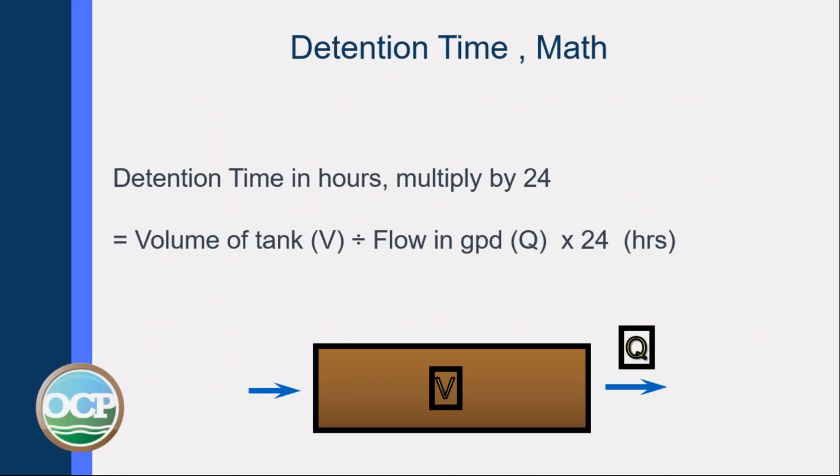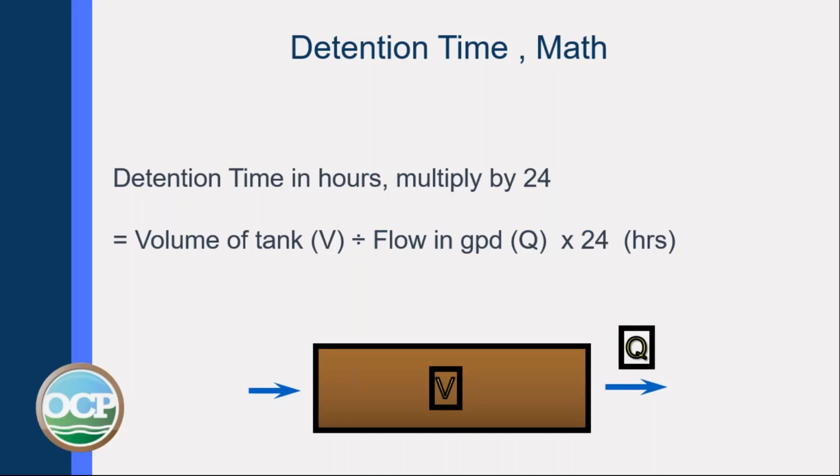Detention time math. Detention time is in hours. You take your detention time and multiply it by 24 hours in a day. What the equation is, it's the volume of your tank in gallons divided by the flow in gallons per day.